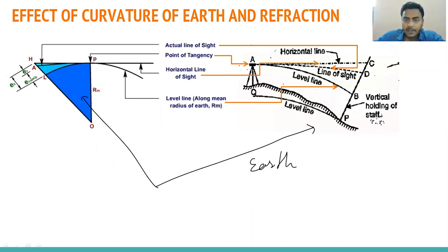So the line of sight we drew here is horizontal. That cuts the leveling staff at C. This imaginary line is making the leveling staff reading at point C, right? But you can see the level line is meeting the leveling staff at B.